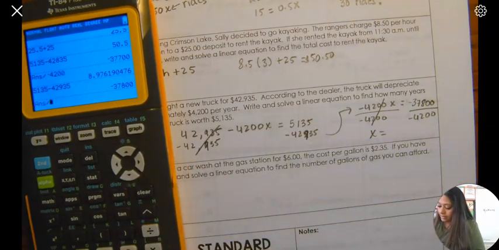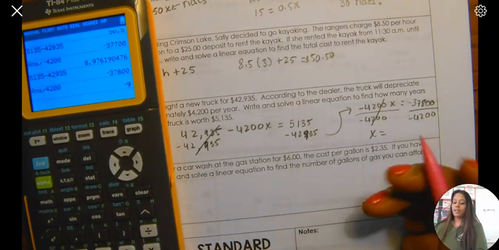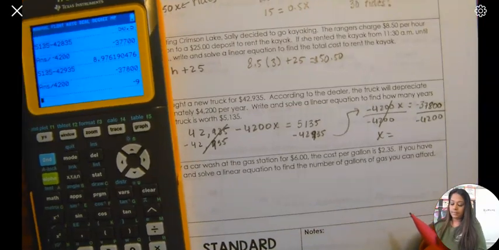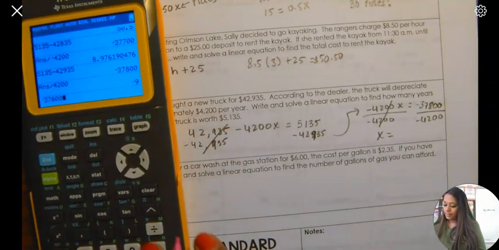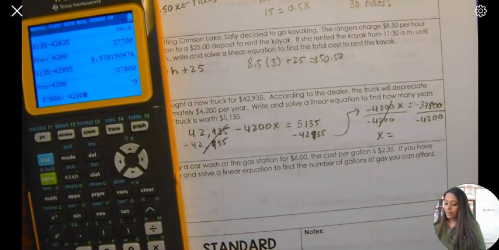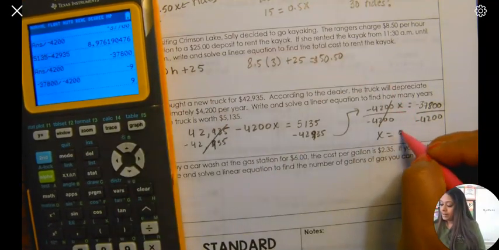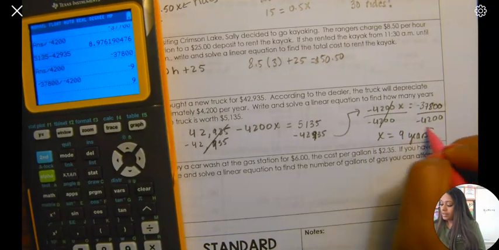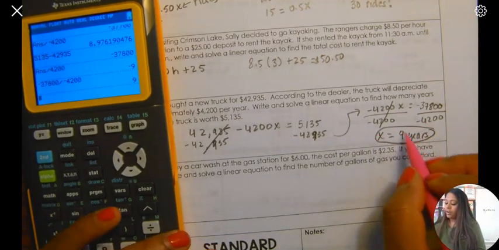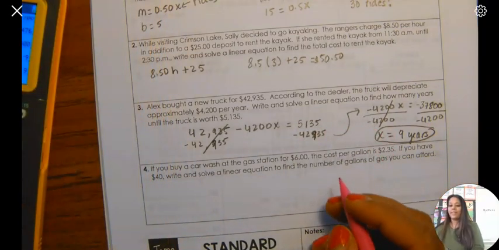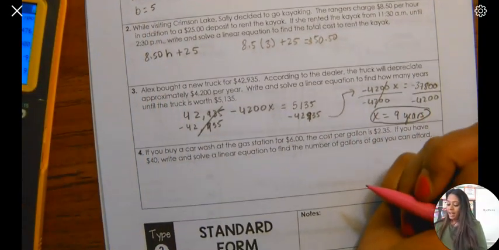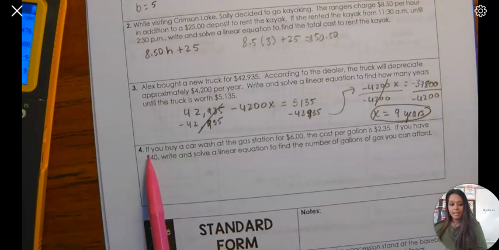So that means that divided by negative 4,200, positive 9 years. So in 9 years, the value of the car will be at only 5,135. Okay?